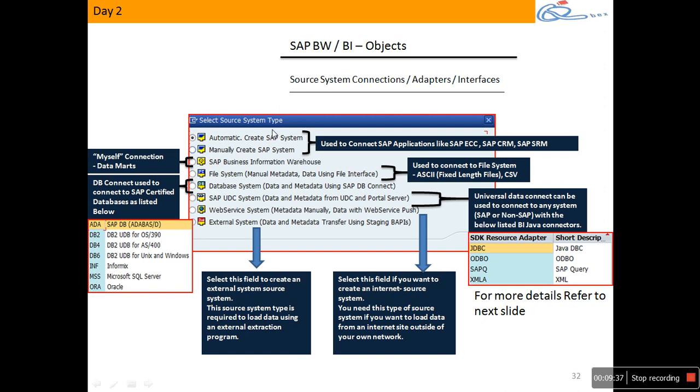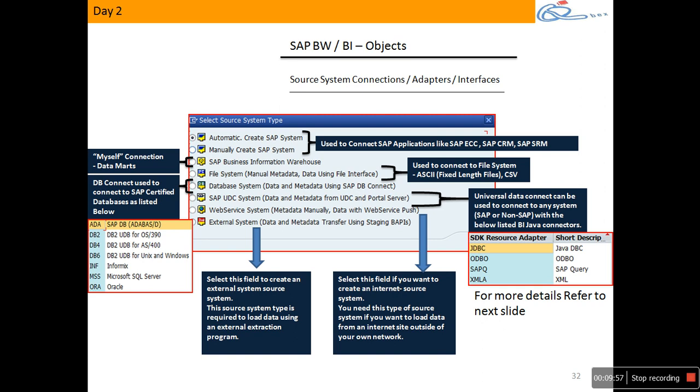Okay. Your SAP file DB, all this will work with the ABAP stack by using ABAP programming. Then next there's something called UD Connect. SAP UDC, Universal Data Connector, we call this UD Connect. Using this UD Connect, you can connect any application, whether it is SAP, non-SAP, anything.